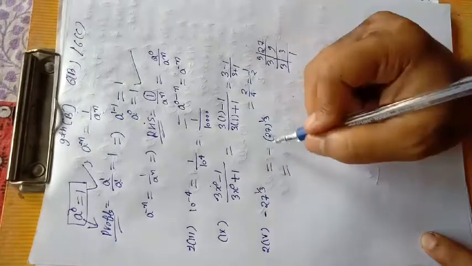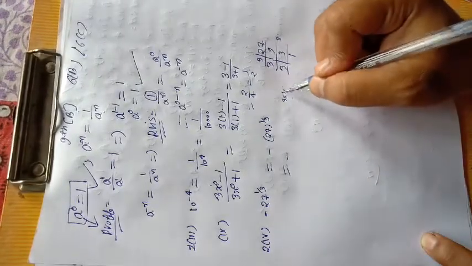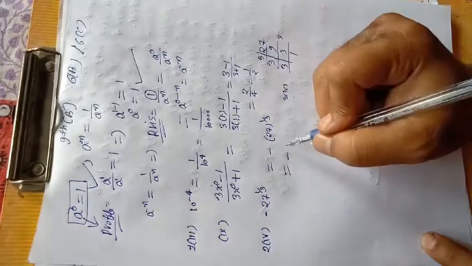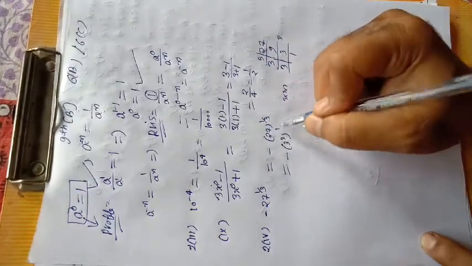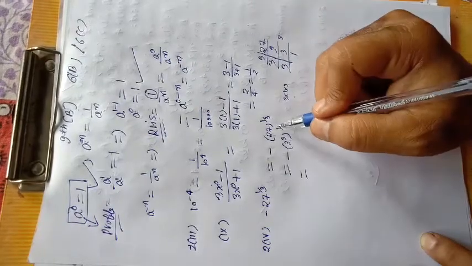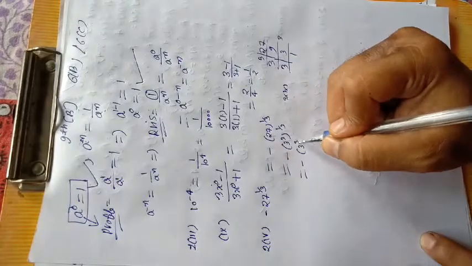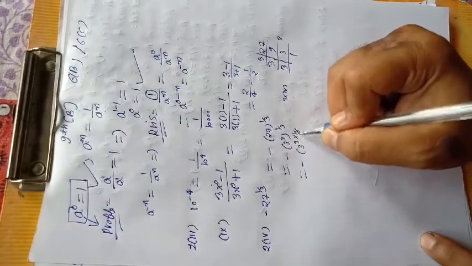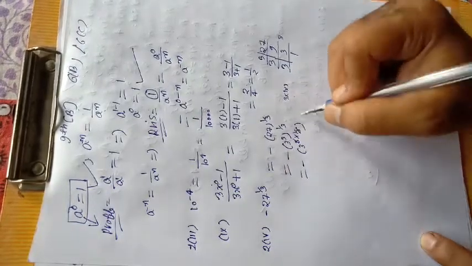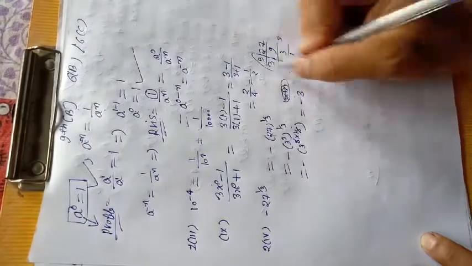We can write 3 into 3 into 3 as 3 to the power 3, whole power 1 upon 3. We know that power to the power is multiplied, so this equals 3 to the power 3 into 1 upon 3. The 3s cancel out, and this equals minus 3 to the power 1, that is minus 3. This is the answer.